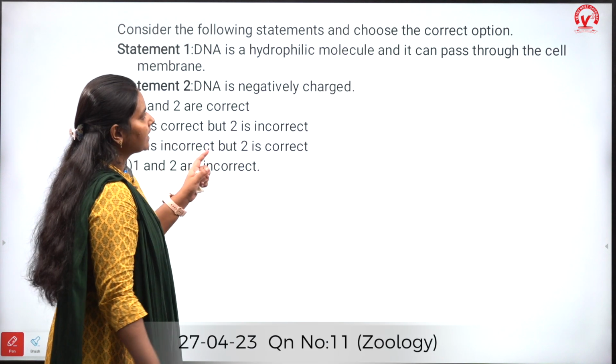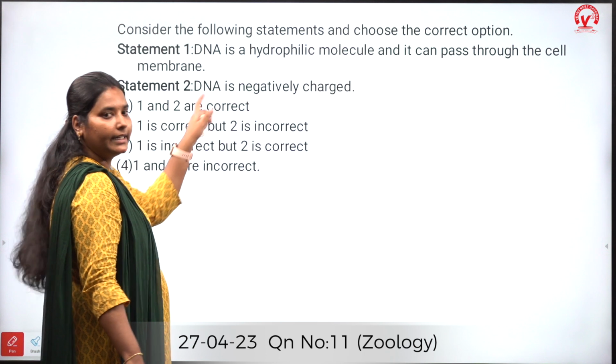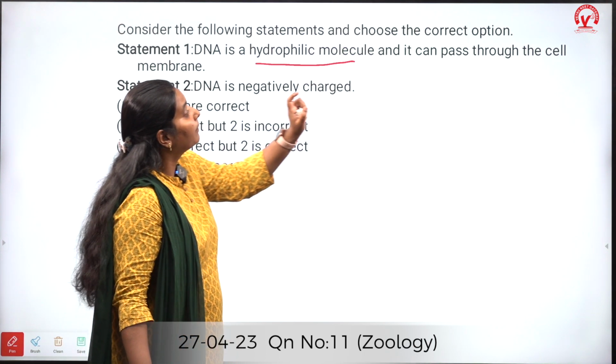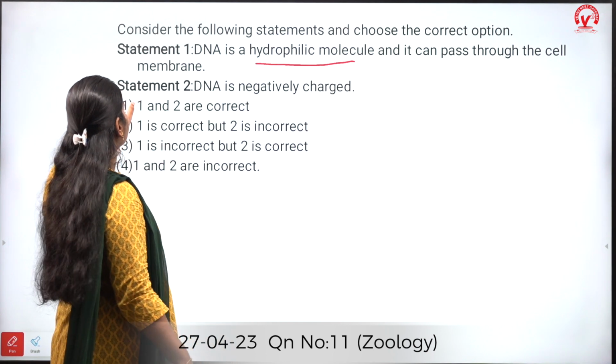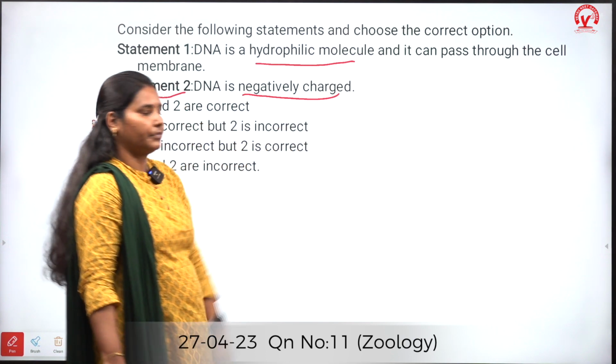Consider the following statements and choose the correct option. Statement 1 is DNA is a hydrophilic molecule and it can pass through the cell membrane. And statement 2 is DNA is negatively charged.